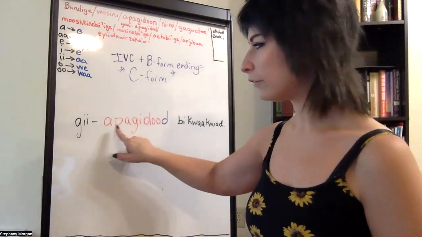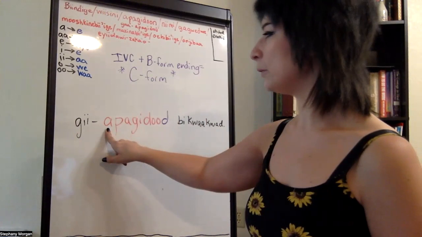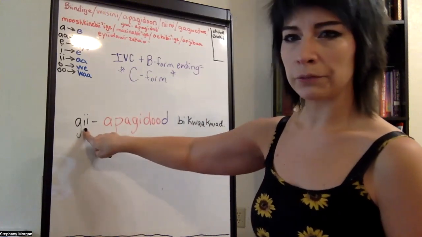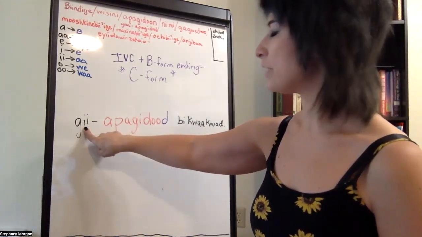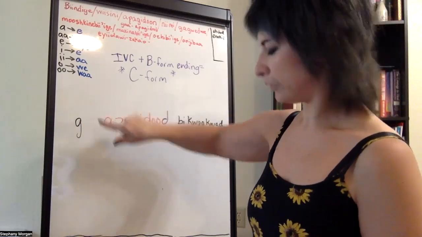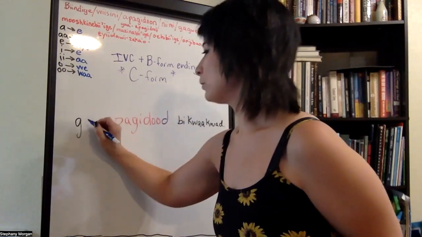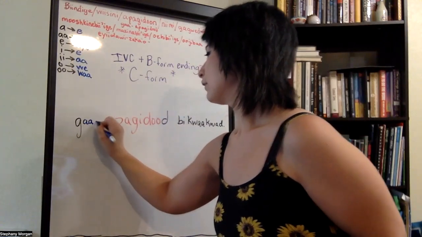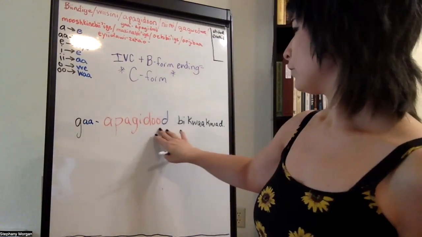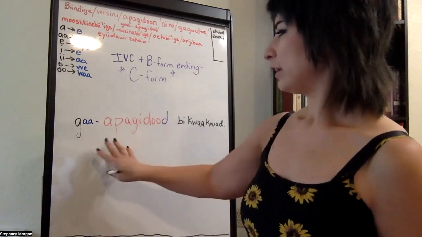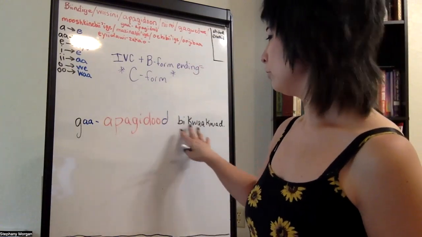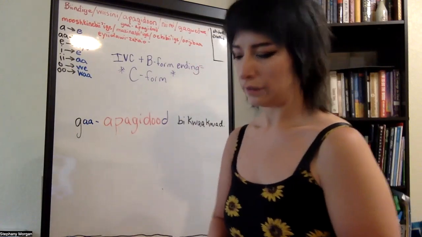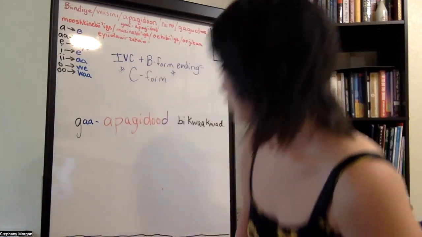Our initial vowel is no longer the first vowel in the verb. Our initial vowel goes back to the double I in our past tense. And so it becomes ga. Double I changes to double A. And it's ga apagidood bikwakwood. He is the one who threw the ball. And I hope that makes sense.